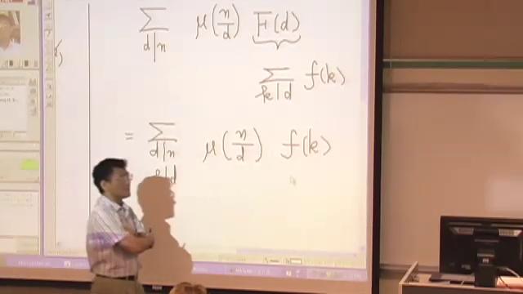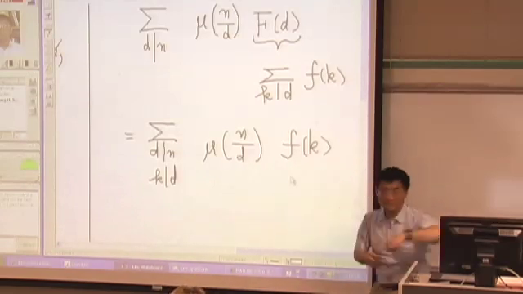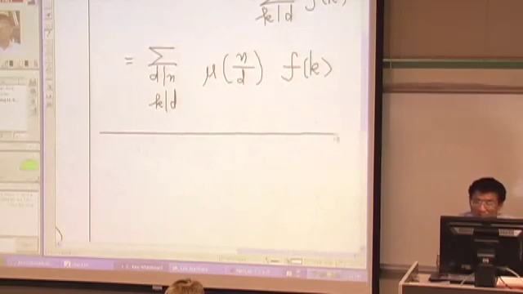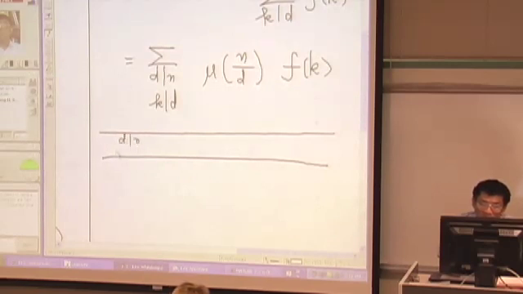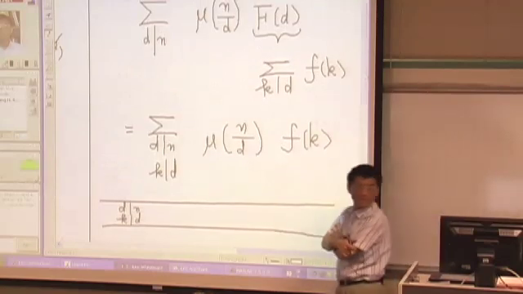Then what is the technique? The technique is switching the variables. So I will call this thing. So this is the statement I will prove. If d divides n, and then k divides d, just a moment.